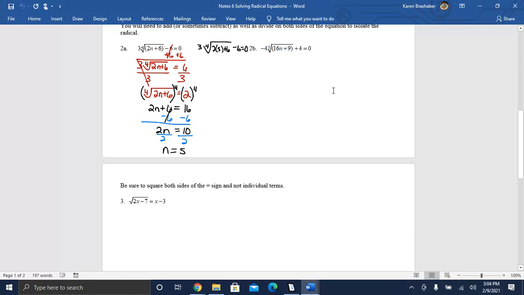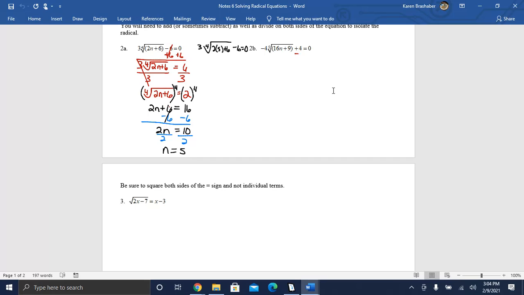On problem 2b, you'll notice that the radical is a 5th root. So when you're doing a 5th root, like before, I'll need to get it by itself, and then we'll talk about what power we would raise to.